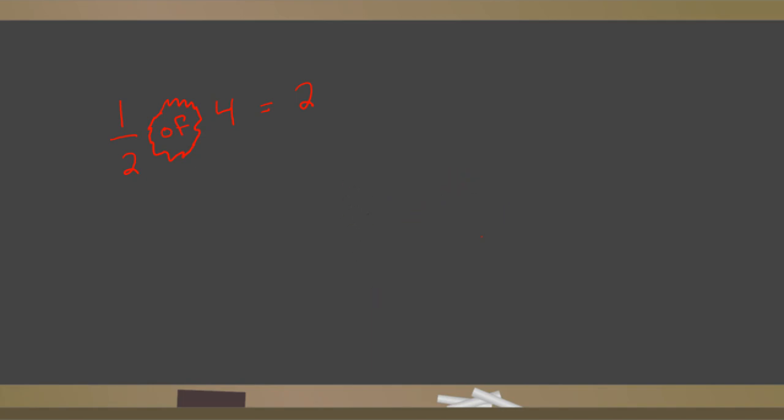The other thing that I want to explain to you guys is this. There is an easier way. So if I take 1/2 times 4, what does that equal? Now, we all know that all fractions are division problems. But when I'm looking at this whole number 4, how do I make that a fraction?